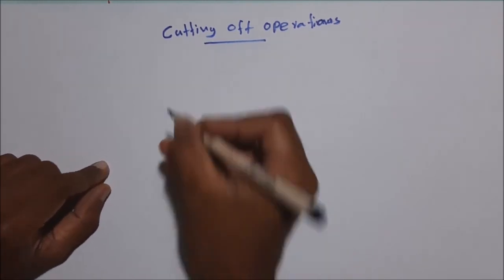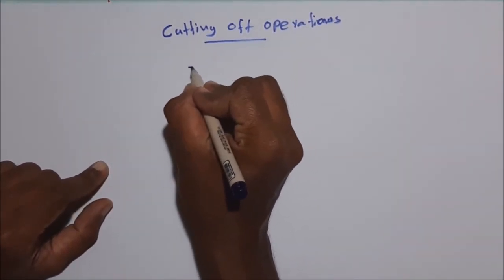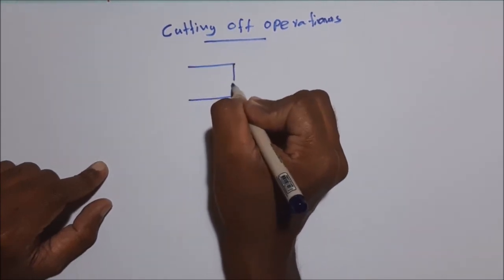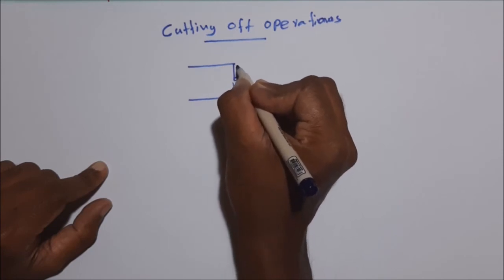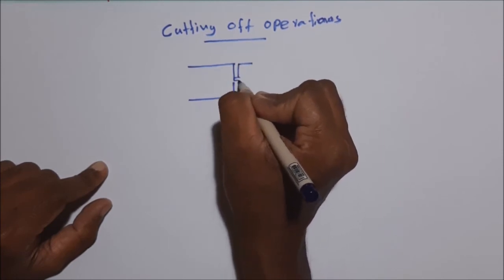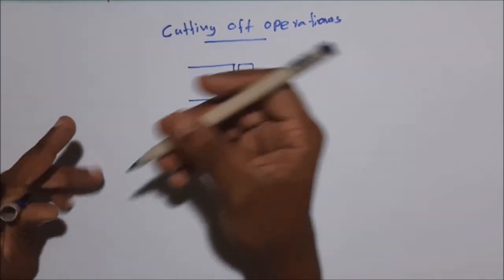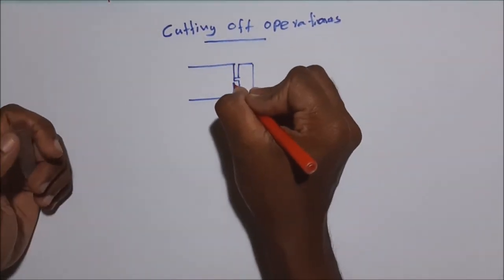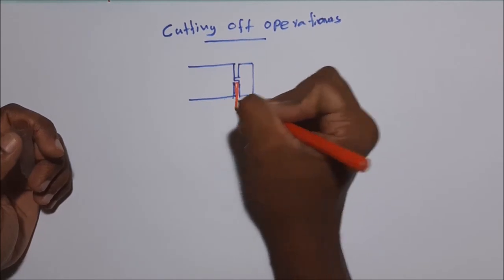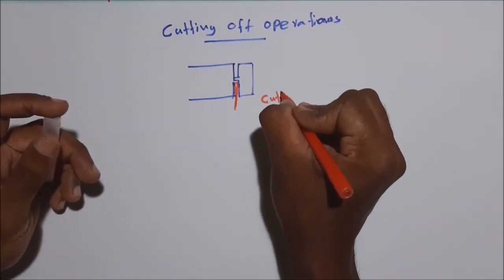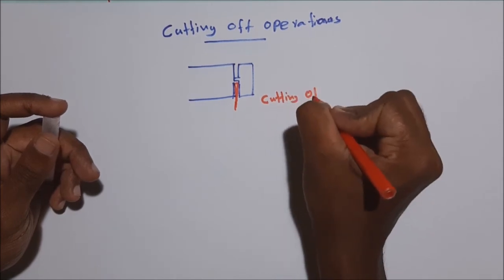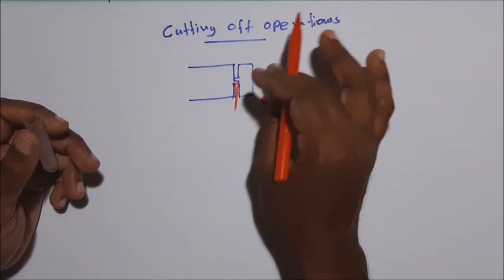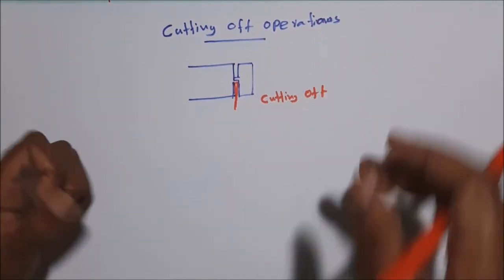To separate the part, we use the cutting off operation. This kind of narrow tool is used for the parting off operation. To separate the right hand side part, the cutting off operation is used.